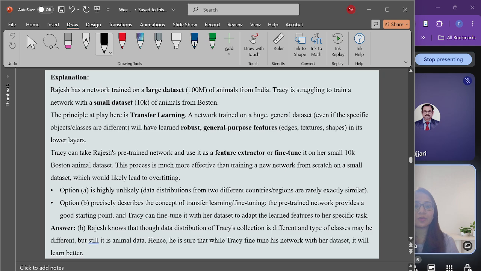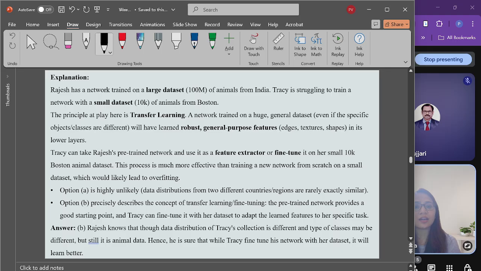The same types of animals in India, in the US the animals may be different. So actually, Rajesh has given his network for use as transfer learning. That's what I am explaining here. So already the network has been trained on a huge, large data set, right?